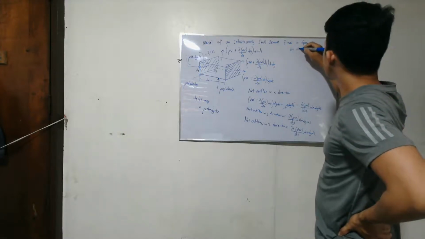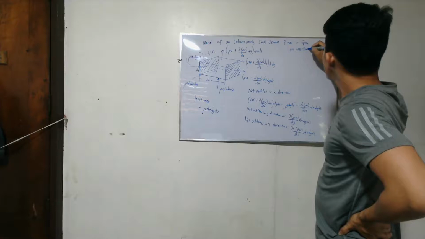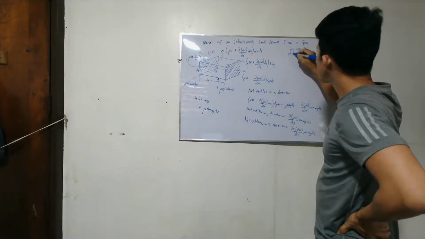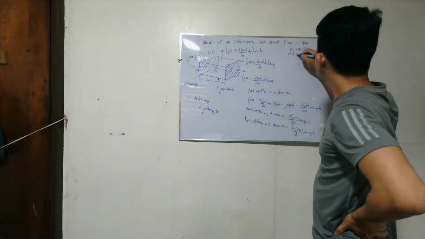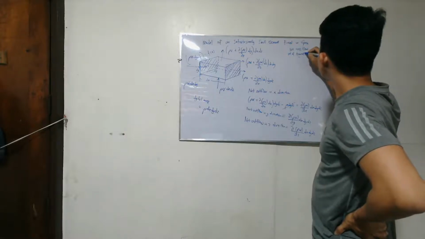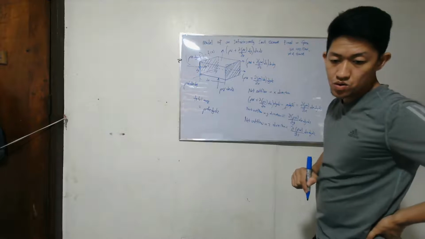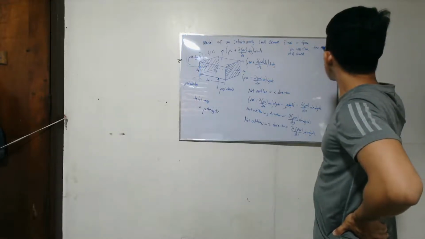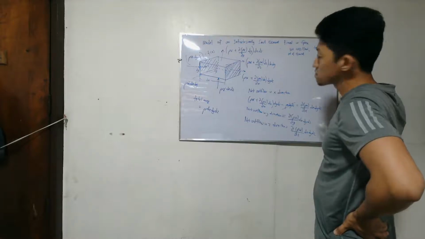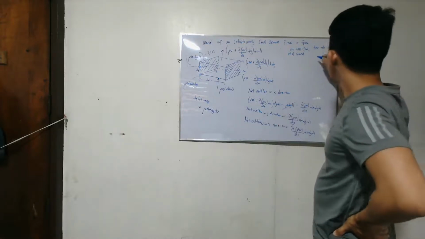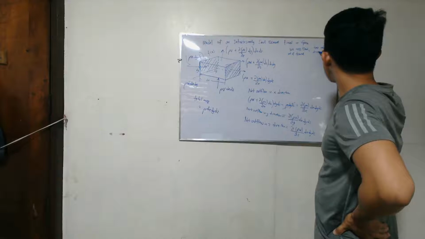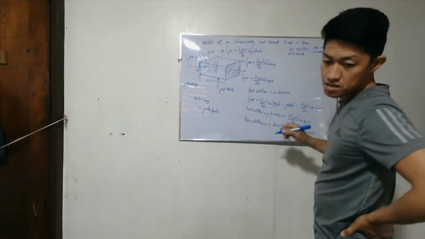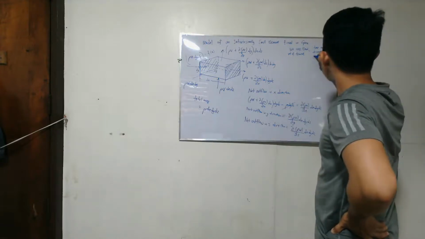Sum up natin tanan. Net mass flow out of the element is equal to time rate of decrease of mass inside the element.